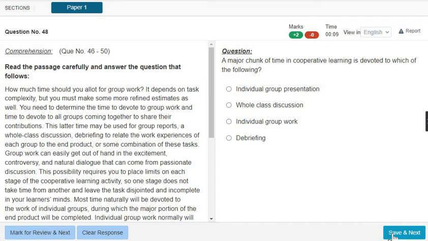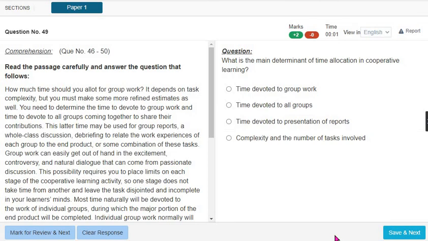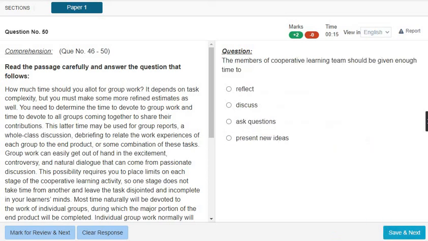Individual group presentation, whole class discussion, individual group work, debriefing. Individual group work is the answer. What is the main determinant of time allocation in cooperative learning? Complexity and the number of tasks.